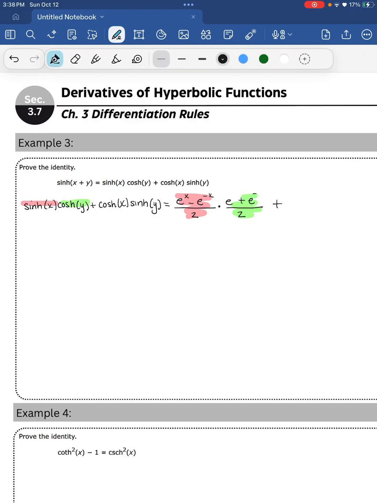So when we multiply the same base that has exponents, we actually add the exponents.